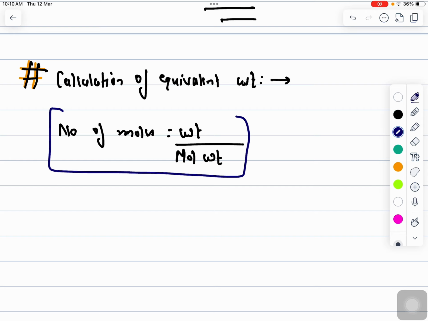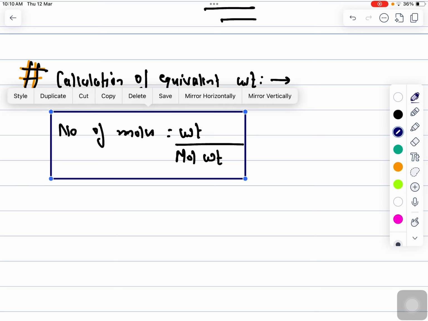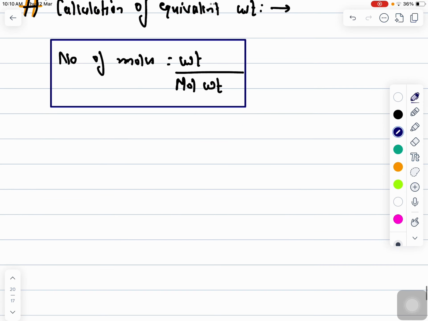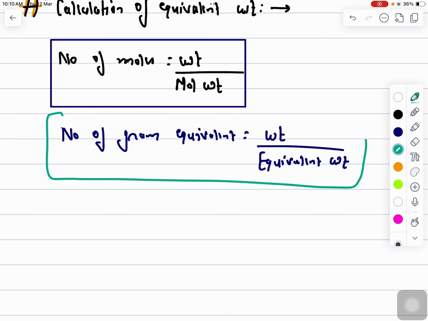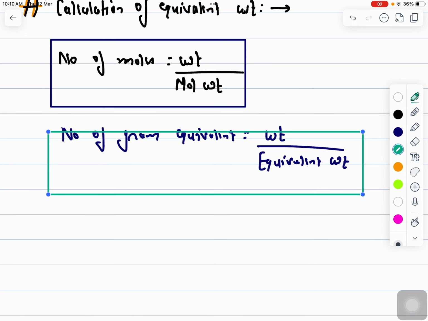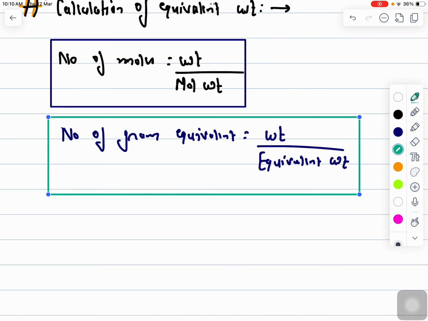Is that clear? But if I want to calculate the number of gram equivalents, that will be your weight divided by equivalent weight, right? It's very important to understand.